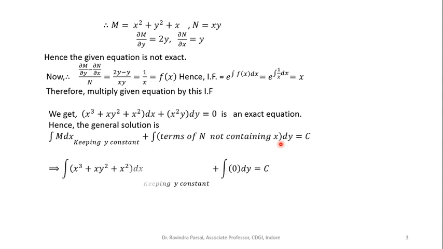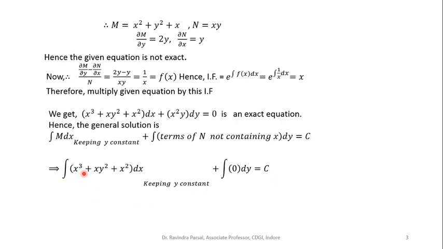Substituting the respective values: the integral of (x cube plus x y square plus x square) dx, and the terms of N not having x. There is only one term in capital N and it contains x, so the number of such terms is 0, that is 0 times dy, equal to the constant of integration.